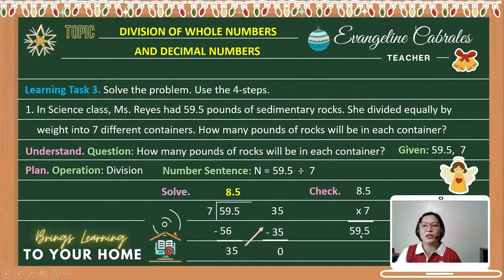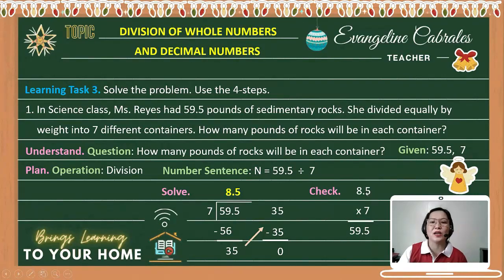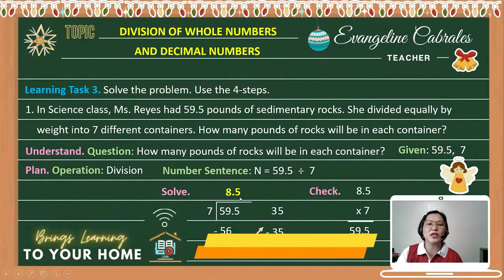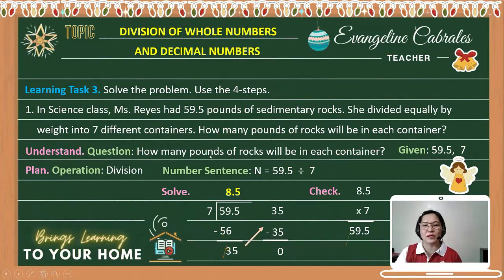So, the dividend 59 5/10 is the same with the product 59 and 5/10. So, 8 and 5/10 is correct. Since this is a problem, you can label 8 and 5/10 with the word pounds. So, the answer is 8 and 5/10 pounds of rocks. Okay?